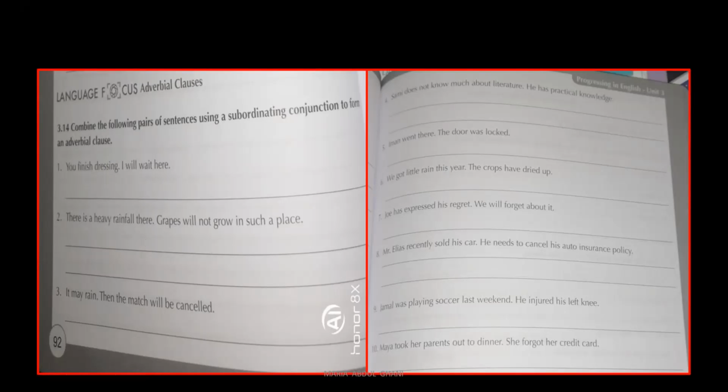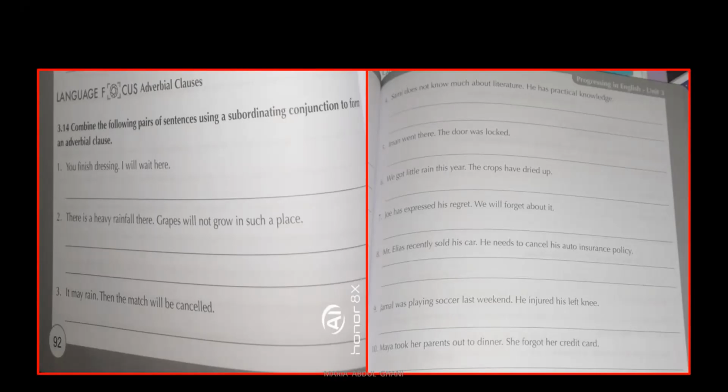Raise your hand in order not to make a noise. Let's see who wants to raise their hand, please. Diane. While you finish dressing, I will wait here. No. If you use while, it means that you are interrupting an action.